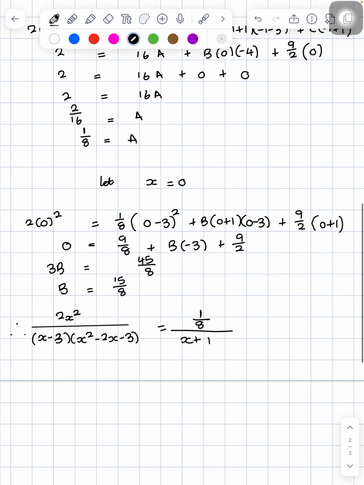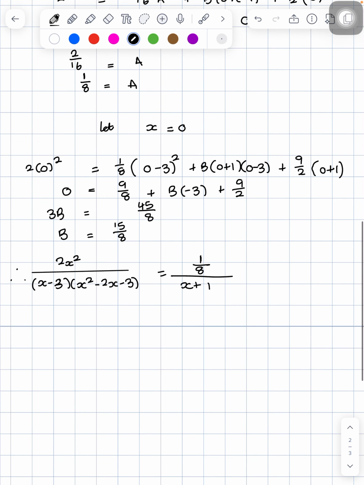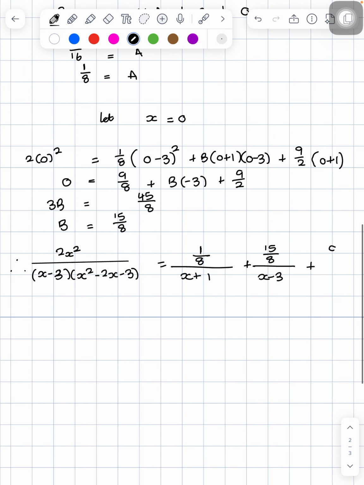Then our b is 15 over 8, plus 15 over 8, open bracket, x minus 3, over x minus 3, plus our c is 9 over 2, plus 9 over 2 over x minus 3 squared.